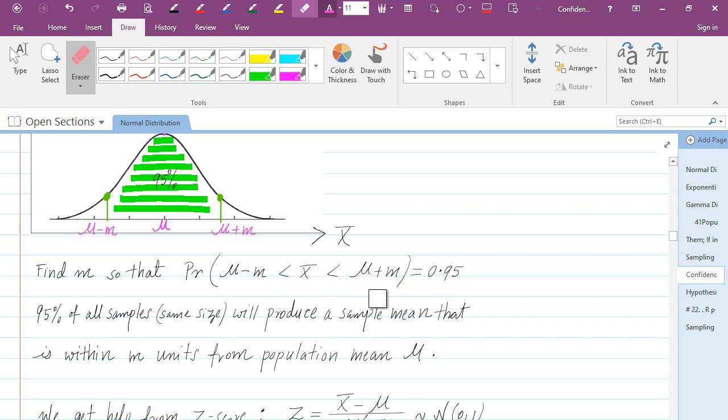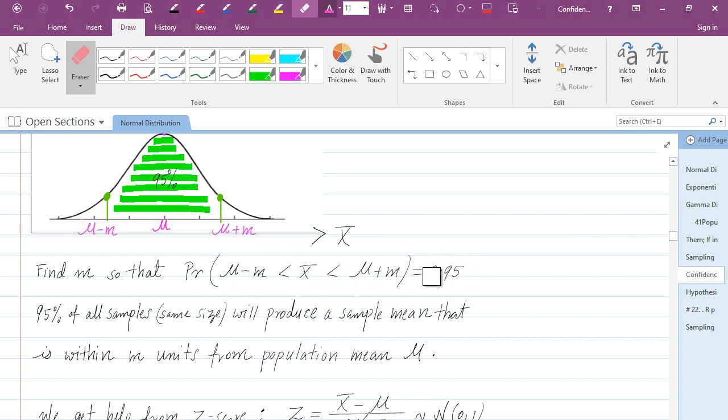So that means if we carry out the experiment repeatedly, right? Take a sample, calculate the sample mean. If that experiment is carried out repeatedly, then the proportion of times the sample mean will be in this range is 95%.